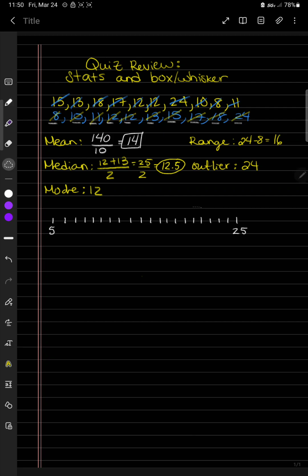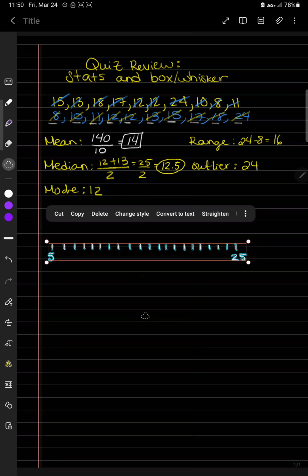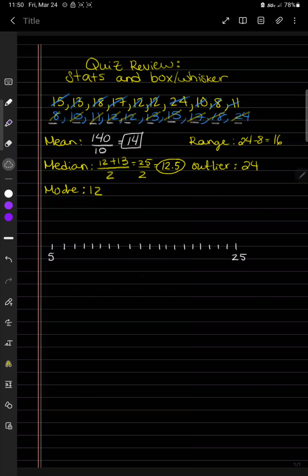For the box and whisker, you want to plot your smallest number and your greatest number. Our smallest number is 8. So 5, 6, 7, 8. We'd put a line above it. And then 24 is about here.